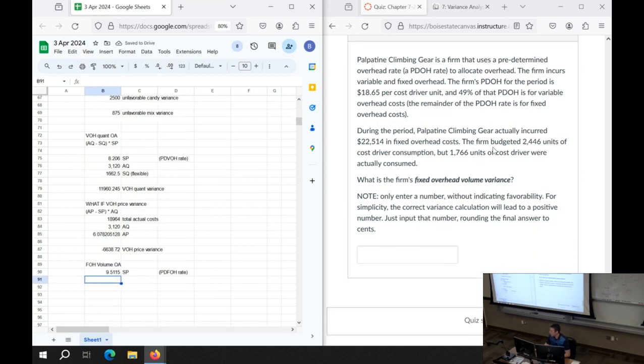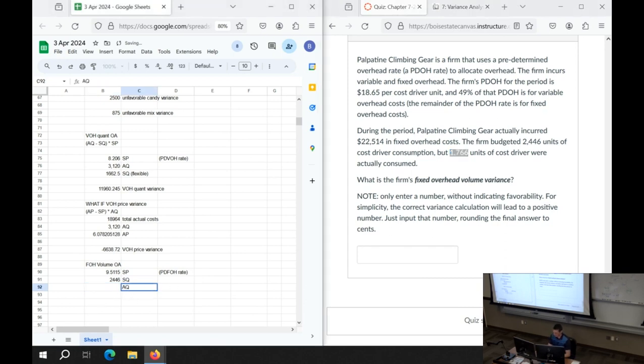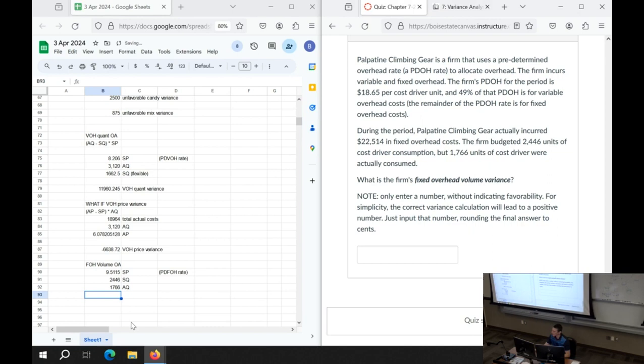Now our budgeted quantity was 2446. Our actual quantity of cost driver is... no, 1766. I looked at the wrong number even though I highlighted this 1766.